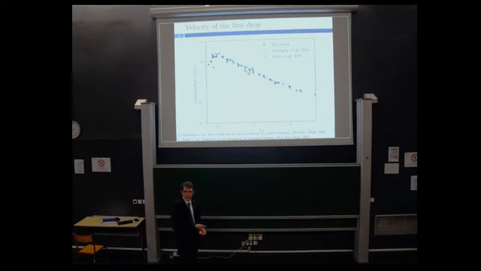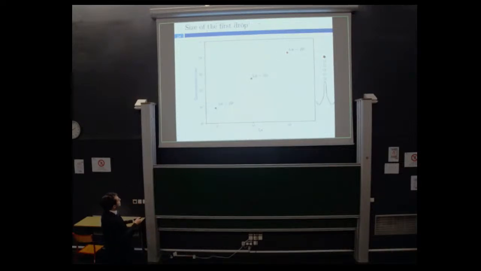Now we can go to the size of the first drop. Again, we're observing on the x-axis the Laplace number of the simulation, and on the y-axis the dimensionless size of our droplet. So we are measuring the size. We've got again our three simulations, 1000, 10,000, and 100,000.